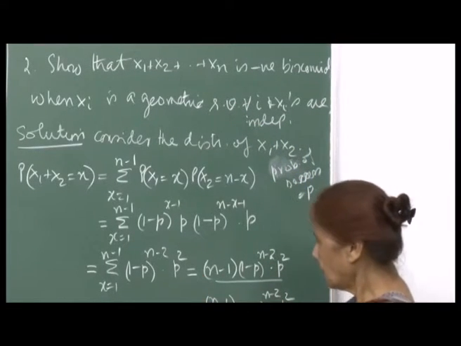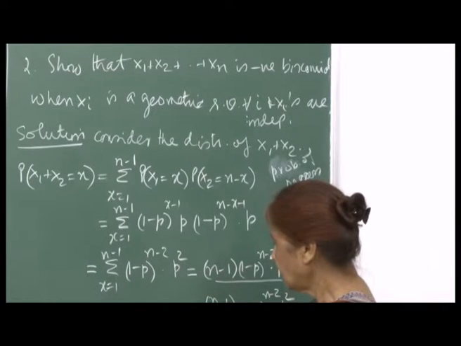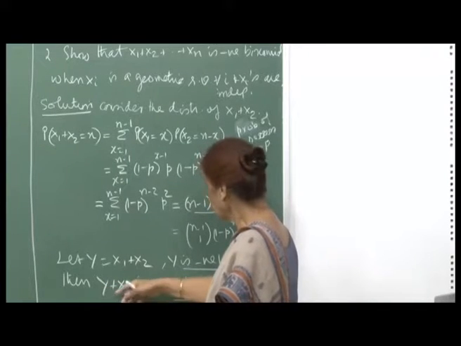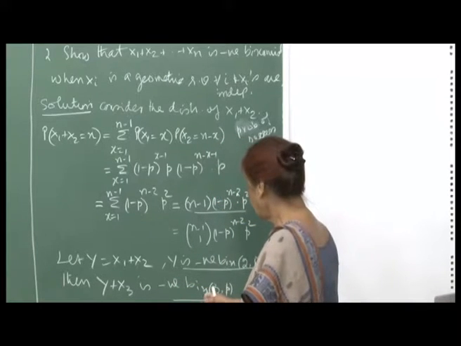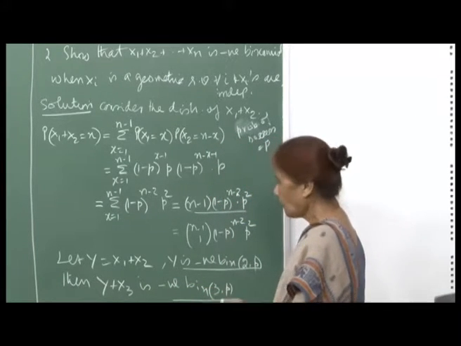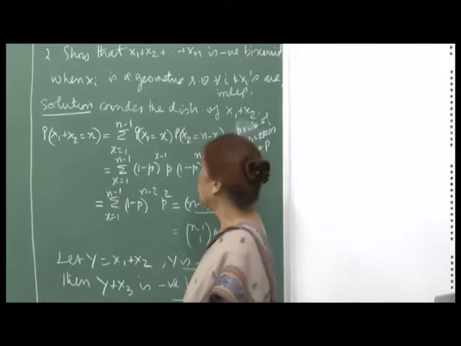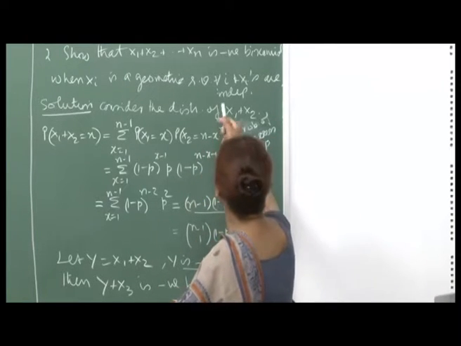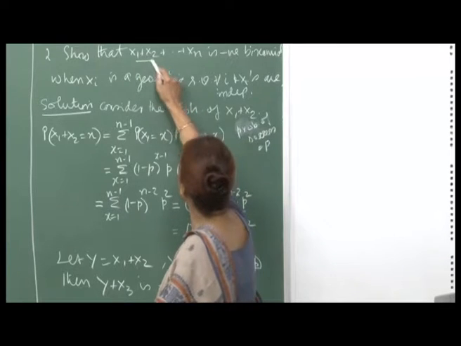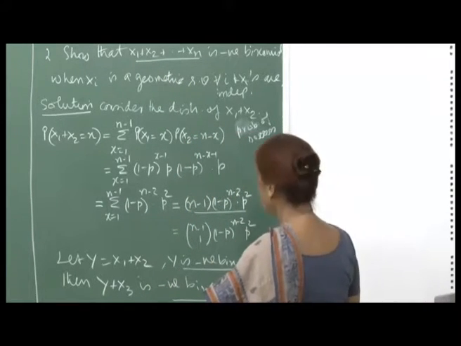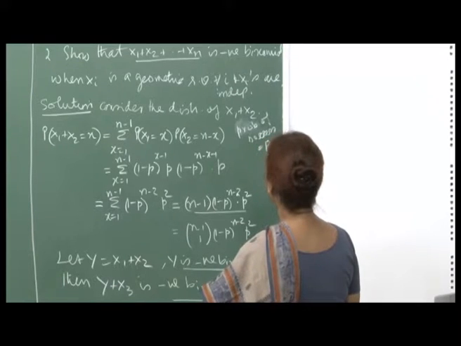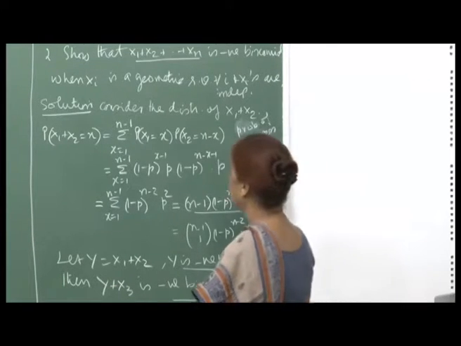Now, we can iteratively show that if you consider the random variable Y plus X_3, then by the same argument we will be able to show that this is a negative binomial 3 comma p, and so on. Therefore, you can show that this will be negative binomial when each X_i is a geometric random variable for all i and the X_i's are independent.